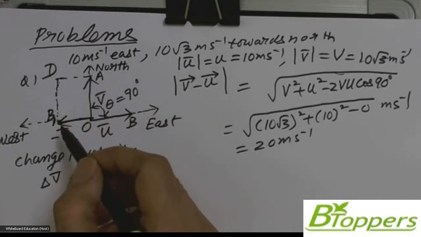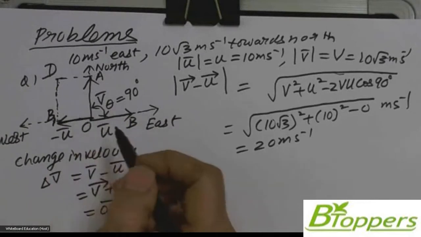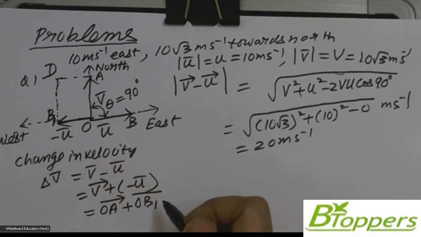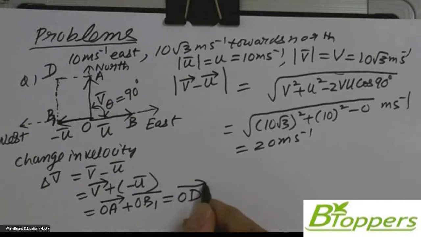So OADB1 is a rectangle here, and every rectangle is also a parallelogram. From the parallelogram law of addition of vectors, the vector sum of OA bar and OB1 bar will be equal to the vector OD bar.